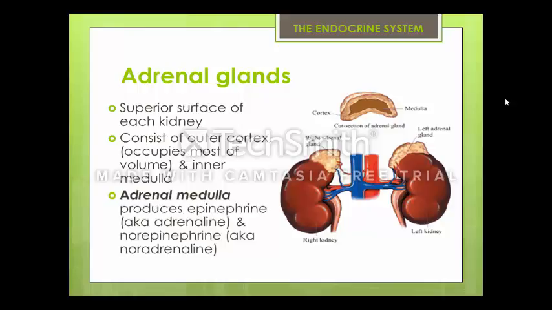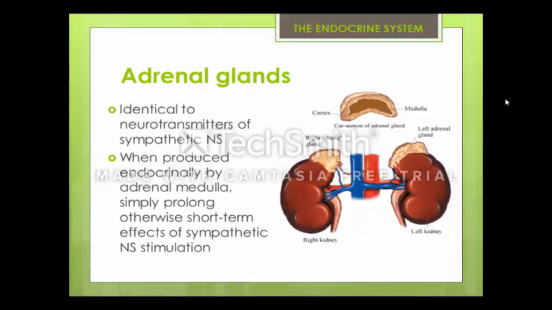The adrenal medulla produces epinephrine and norepinephrine. Epinephrine and norepinephrine are identical to the neurotransmitters of the sympathetic nervous system, and when produced endocrinally by the adrenal medulla, they simply prolong the otherwise short-term effect of sympathetic nervous system stimulation.